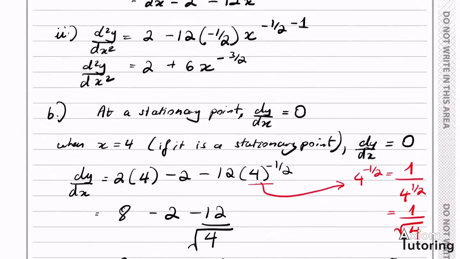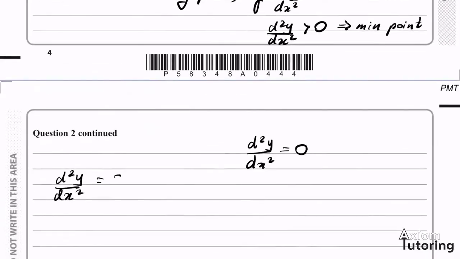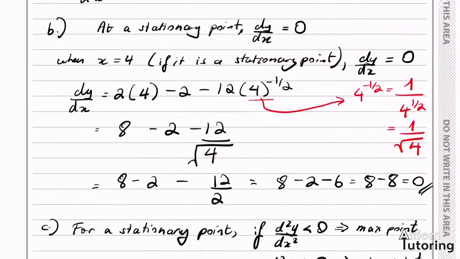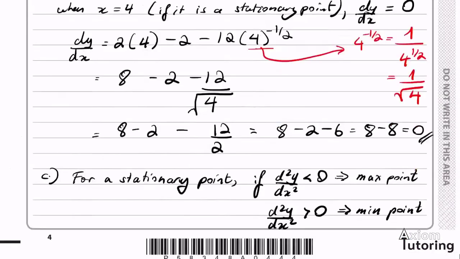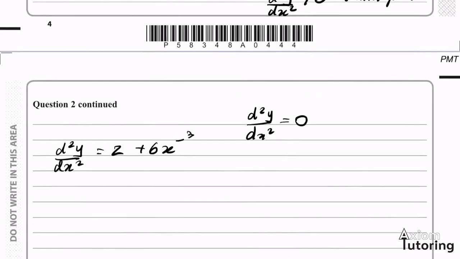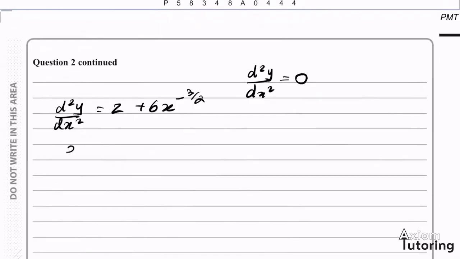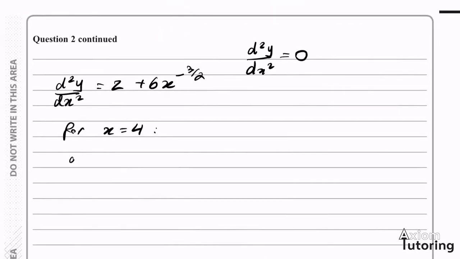So that's 2 plus 6x to the minus 3 over 2. For x equals 4, d squared y over dx squared equals 2 plus 6, plugging in x equals 4 to the power of minus 3 over 2.